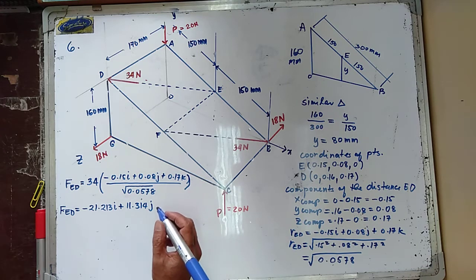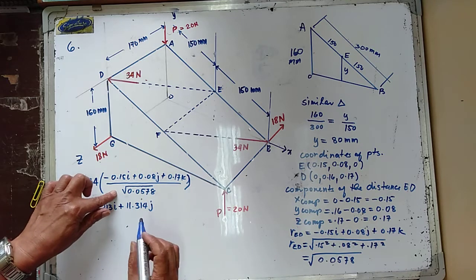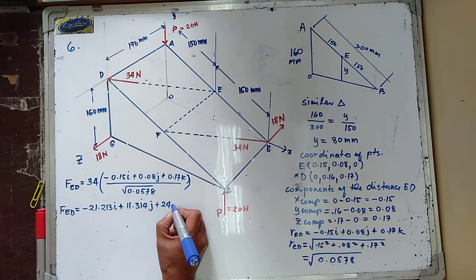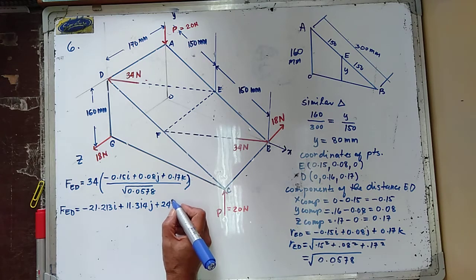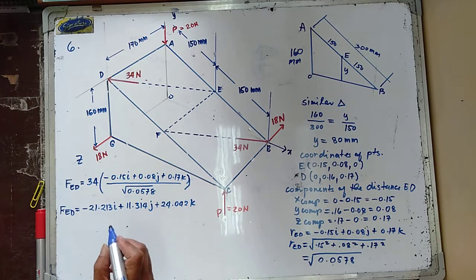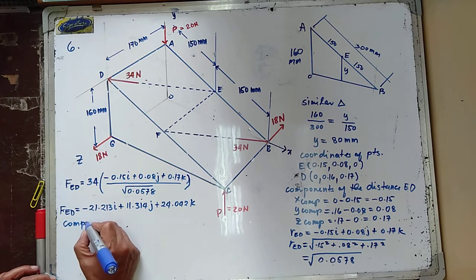And then 34 by 0.17 over the square root of 0.0578, that is equal to 24.042k.